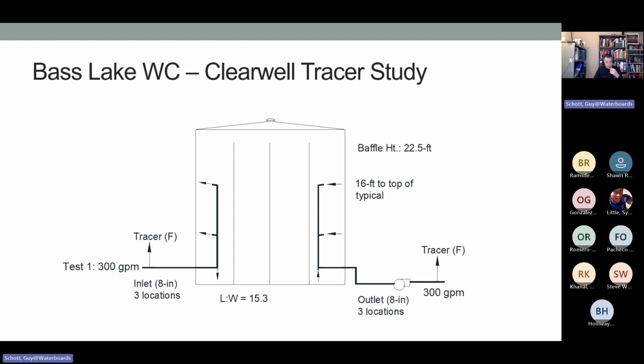But somebody with a lot of experience might say, well, wait a minute, that doesn't make sense. This baffling factor should have been in the range of here, but for this tank, maybe instead of being 0.4, it's like 0.7. So if I get a 0.7 out of here, that might mean we got a bypass, because some of this water is going this way, and you only have half this much water going in this tank.